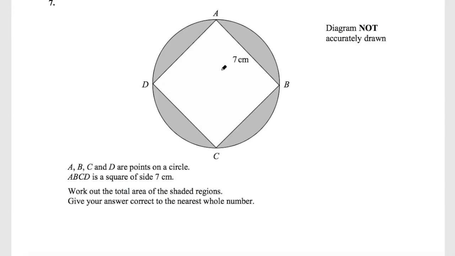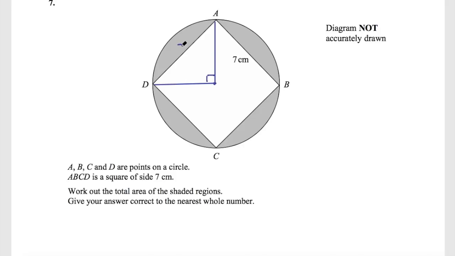And the way we can find the radius of this circle is to find, well, let's just draw in the radius. So the radius will be here or here. So the center of the circle will actually be also the center of the square. And if I've drawn two radii from the vertexes of the square, they will meet at 90 degrees.